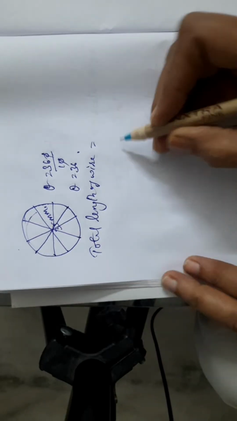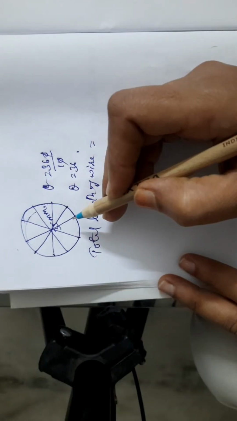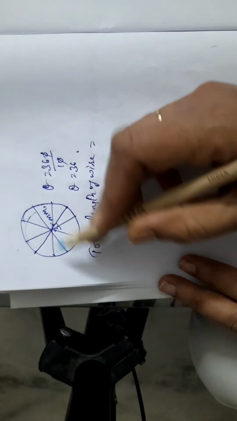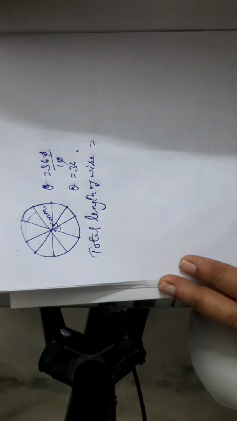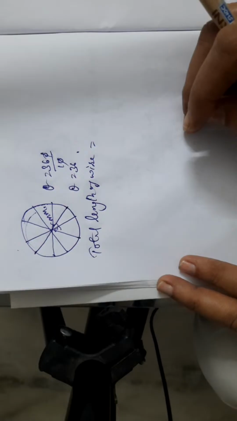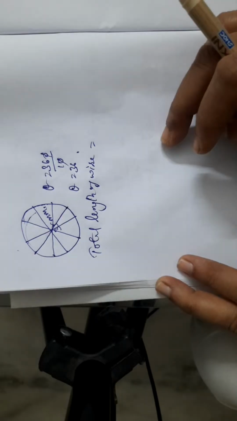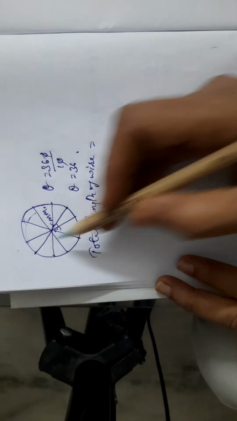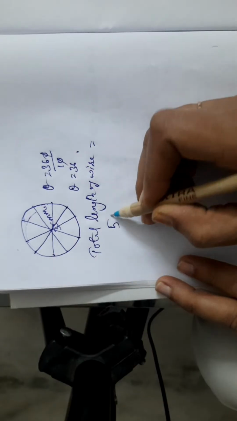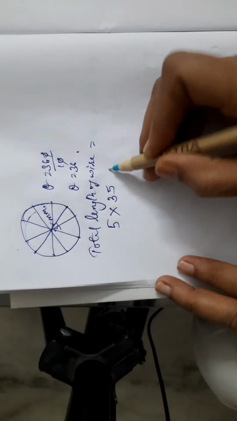For the total length of wire, a total of 5 diameters are used. Along with that, they use the wire for the surrounding also, in the form of a circle with 35 diameter. So 5 multiplied by 35 is the first part.